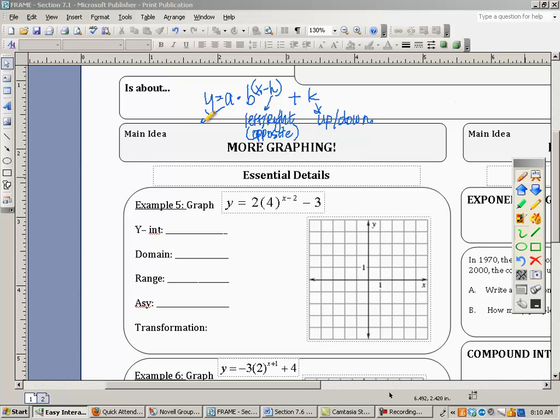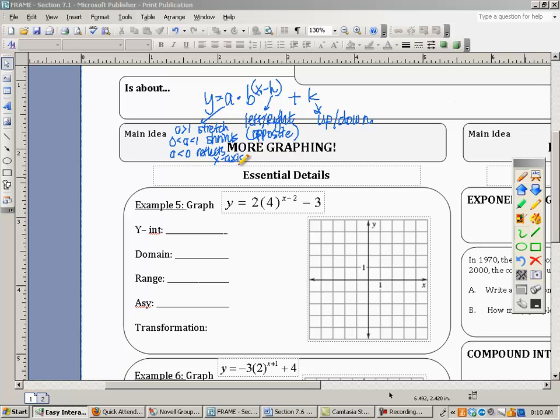A does a couple of things. If a is greater than 1, it's a stretch. If a is between 0 and 1, it's a shrink. And if a is negative, so if a is less than 0, it reflects over the x-axis. Okay, so those are the things to keep in mind.